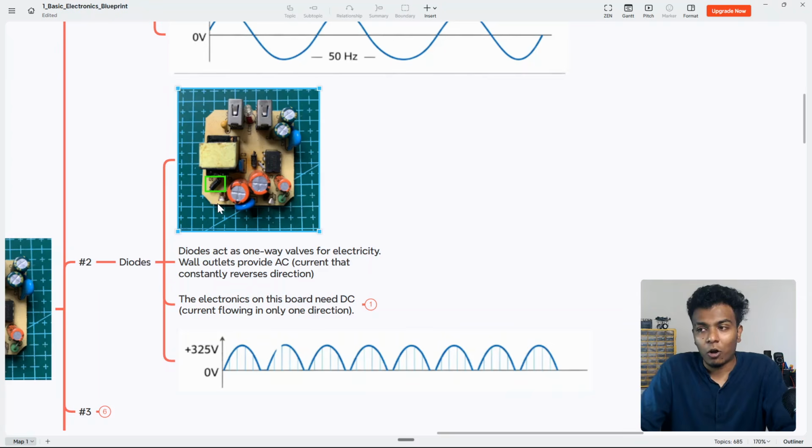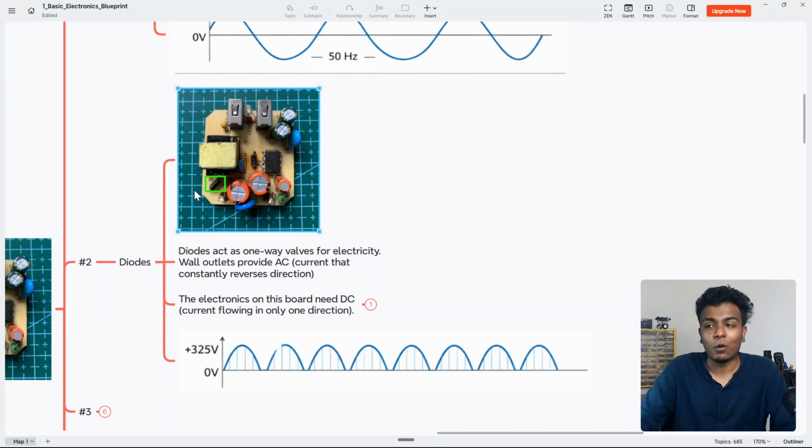So the second important component is the diode. We will explore every component in detail later, like how it works, what is anode, what is cathode. But this is just a breakdown video, a quick summary of how it works and its principle. I hope you all got it. Later we will explore each component in detail with some experiments and applications.